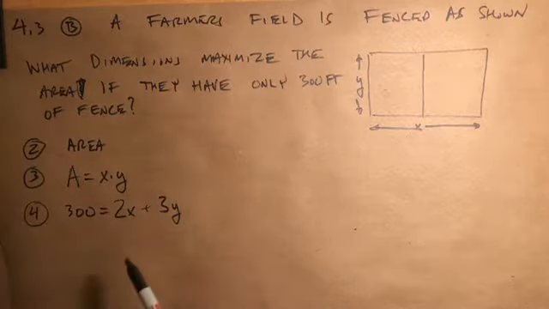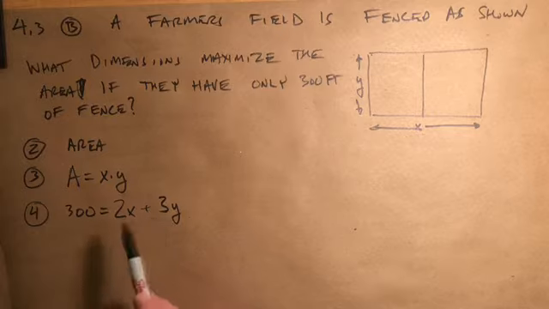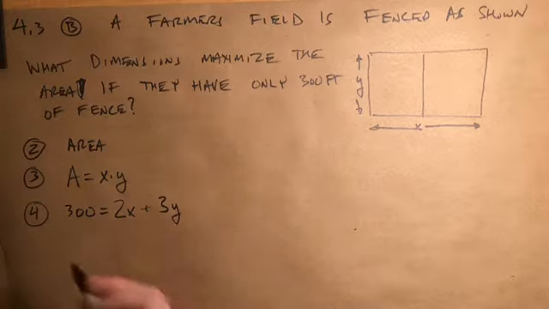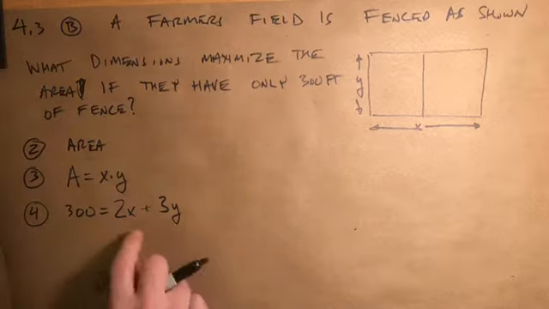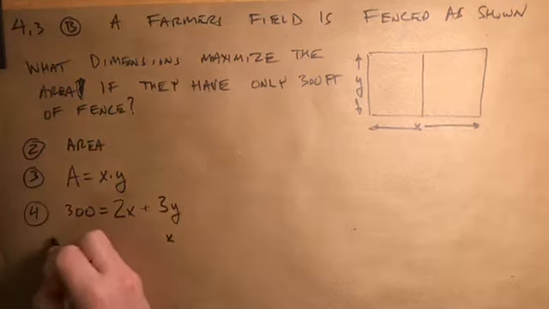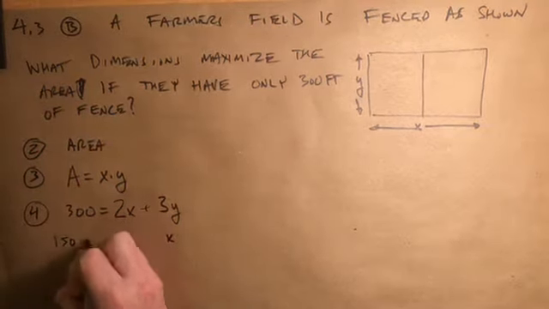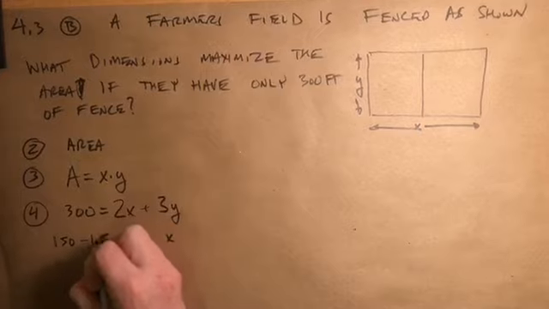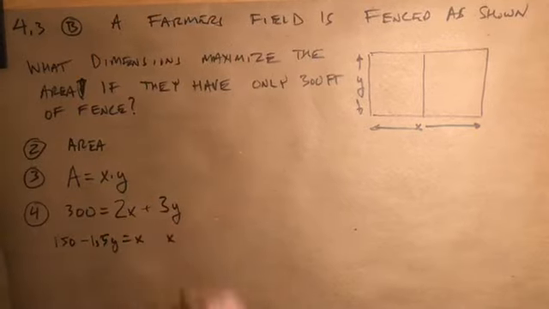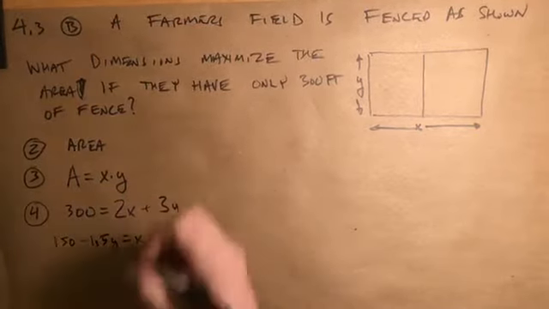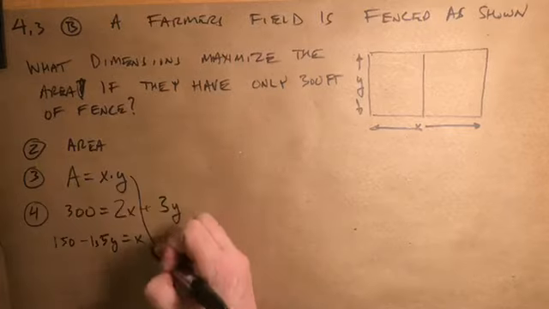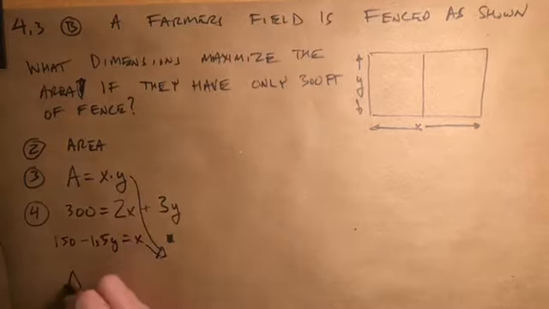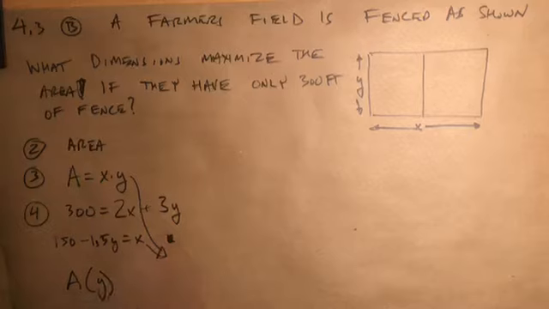And I think that while we could solve for either, I like dividing by 2 more than I like dividing by 3. And so let's solve for x by stating that 150 minus 1.5y is equal to x. Let's make that substitution happen. And now we're going to have the area as a function of y.